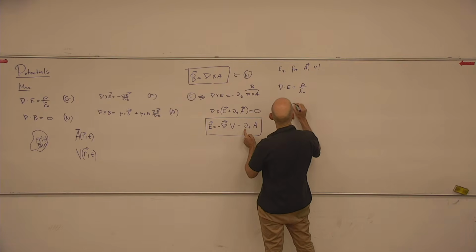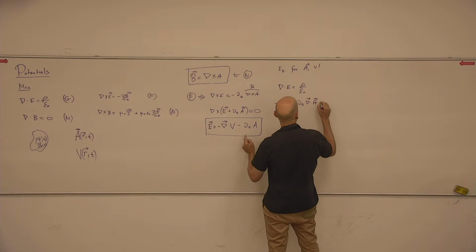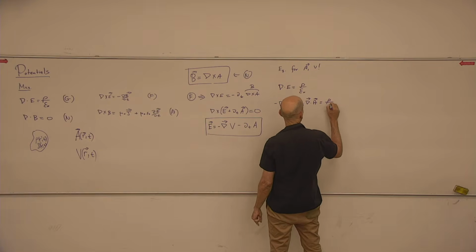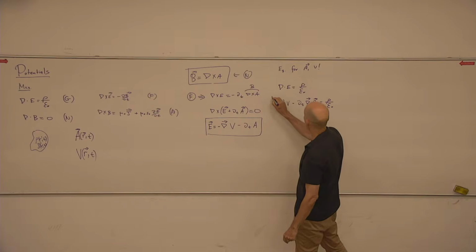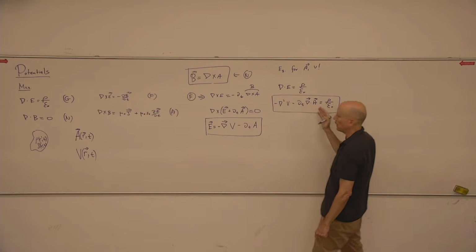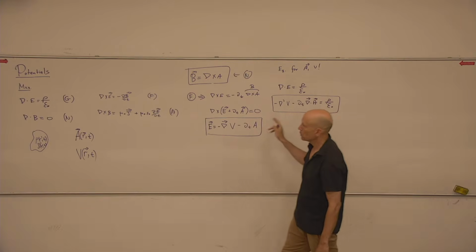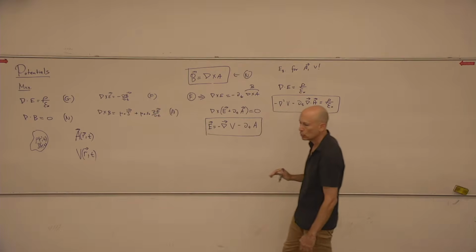And here I'll get minus d dt div A equal rho over epsilon 0. This is the equation for V and A. I mean, one of the equations, because we didn't use so far this one. I'll have another equation soon.